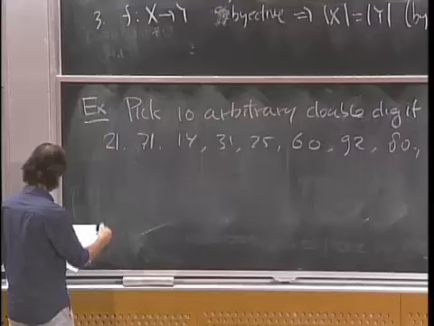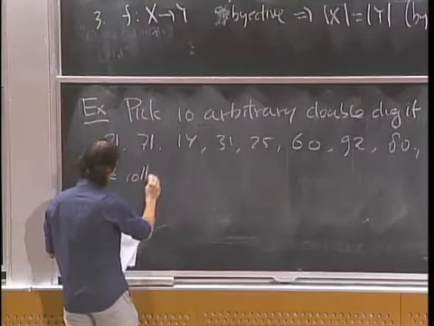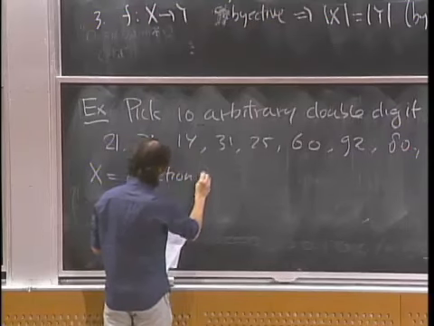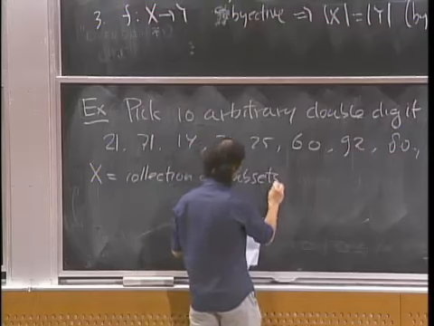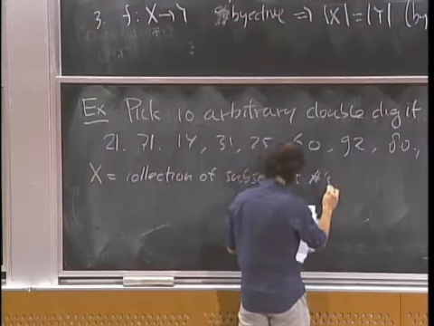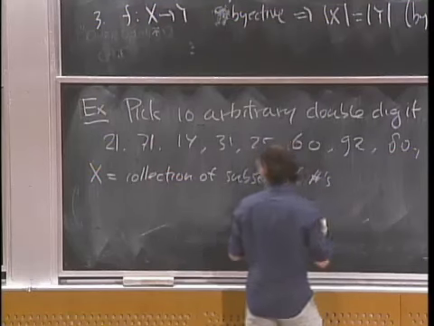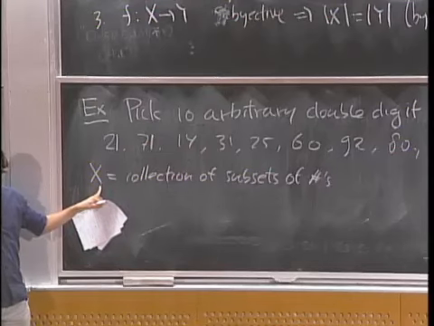So what do I do? I take x as the collection of subsets of these numbers. And I want to show that there are at least 2 subsets that map to the same sum.